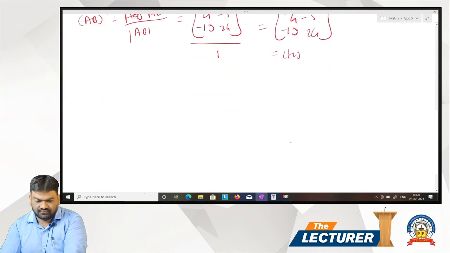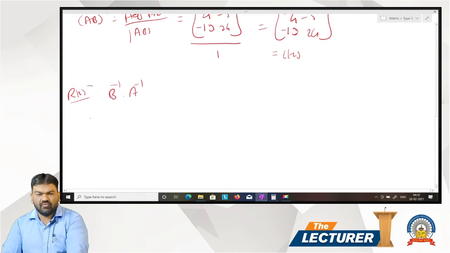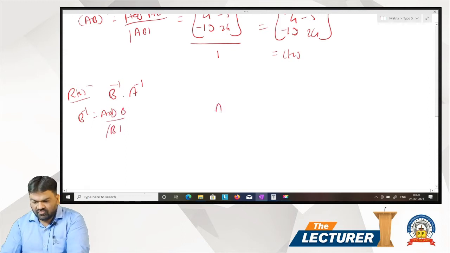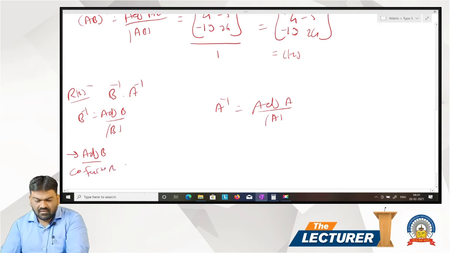Now right hand side. B raised to minus 1 multiplied by A raised to minus 1. So first of all we have to find out B raised to minus 1, that is adjoint of B divided by determinant of B. Same way, A raised to minus 1 is equal to adjoint of A divided by determinant of A. First adjoint of B, cofactors: plus minus minus plus.